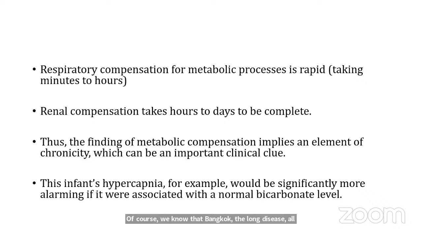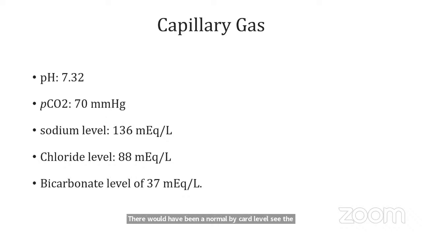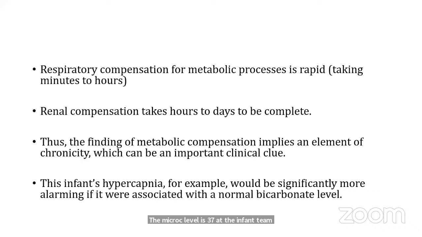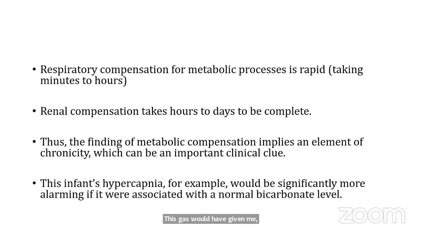Had the infant been hypercapnic with a normal bicarb level, this gas would have given me a clinical clue that this was much more alarming, because this would have been an acute process, right? Let me once more go back to the clinical picture. The bicarb level was 37.